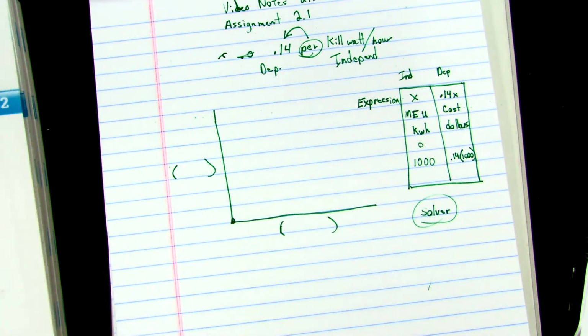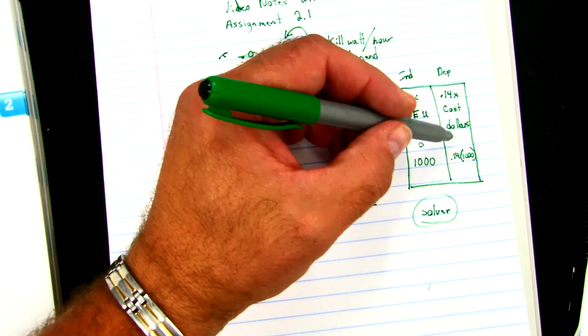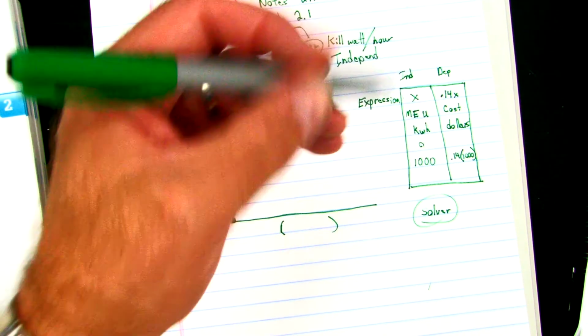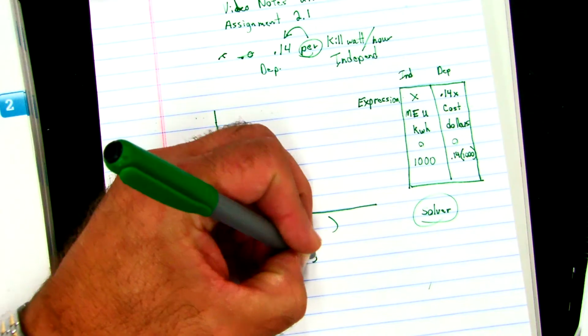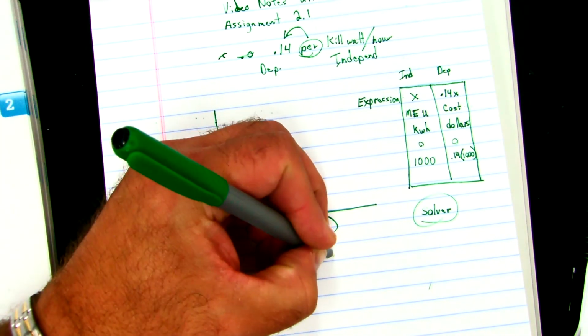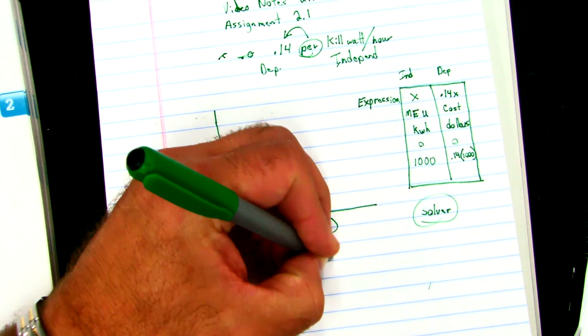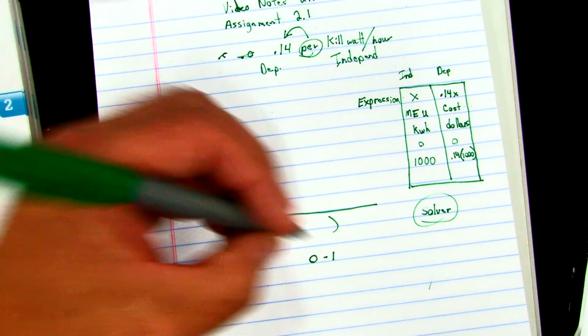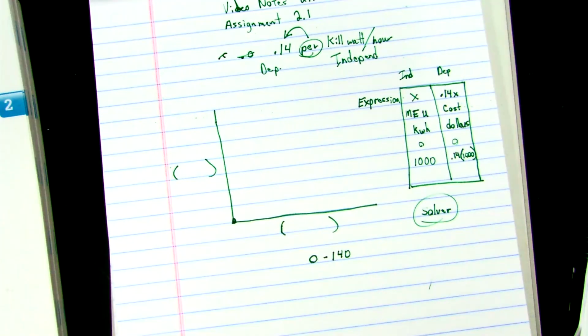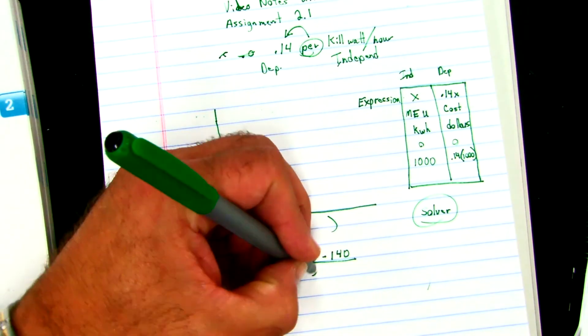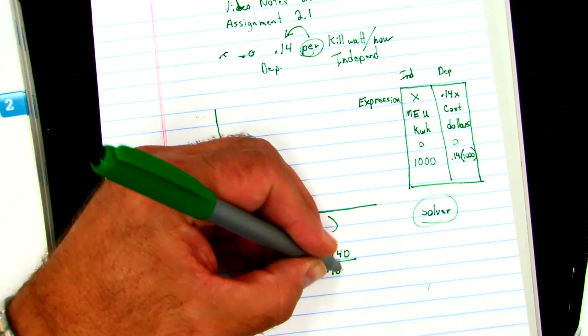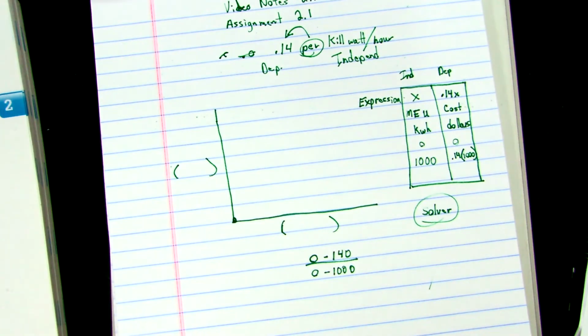Okay. So you take these two numbers and subtract them. So in this case it was 0 minus, and hopefully you know it's 140, right? And these two numbers, which would be 0 and 1,000.